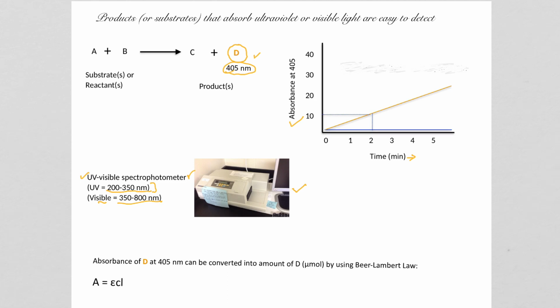As we shall see later, this absorbance can be converted into the amount. And this can be done by using the Beer-Lambert law, using this equation that we shall look at in a few minutes.